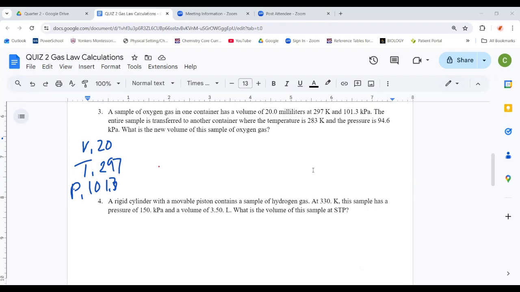This means that we're open to it having a new volume, right? Because the new container could be a different size. I have a new temperature of 283. I have a new pressure of 94.6. And after my question word, what, it says the new volume of the sample. That's what I have to find.